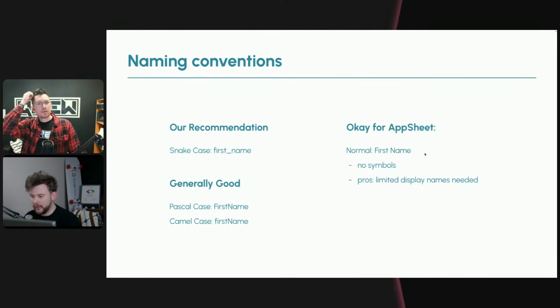But right off the bat, the one I say is okay for AppSheet is first name with spaces, how you would write it out in English: last name, email, and so on. It's okay because AppSheet allows it. But if you brought this into SQL and began to write a query, it would not like the space between first and last name.